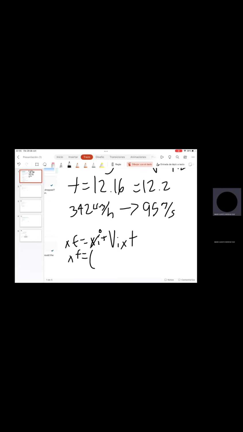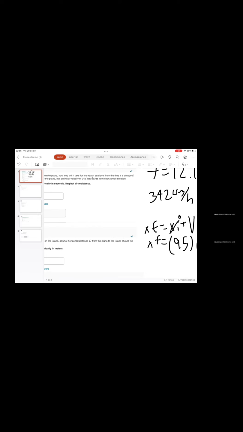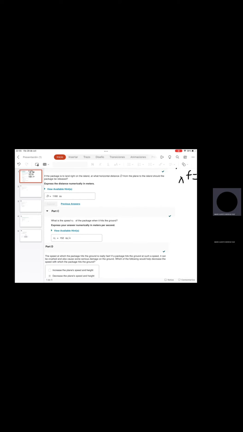So we will have 95, that is the initial velocity in x, times the time that, as we got in part A, is 12.2. So making this multiplication, we will get 1,159. And that is the answer that is right there.